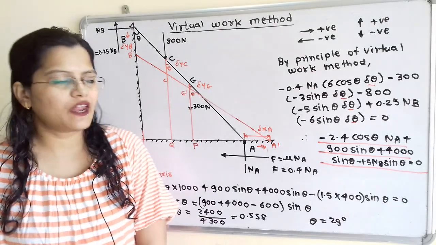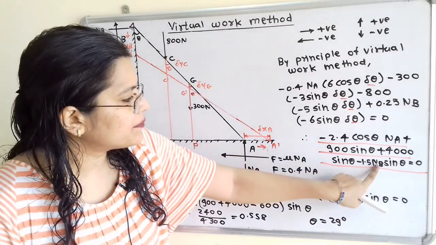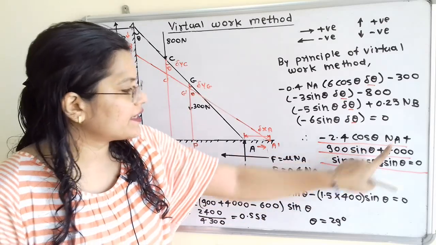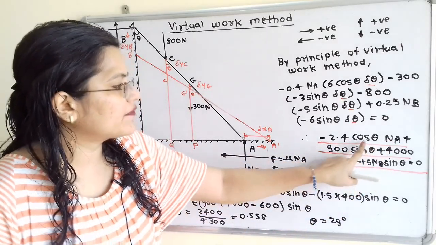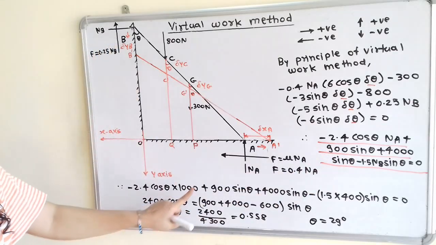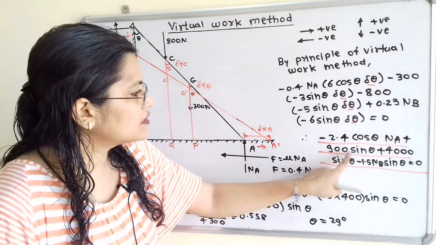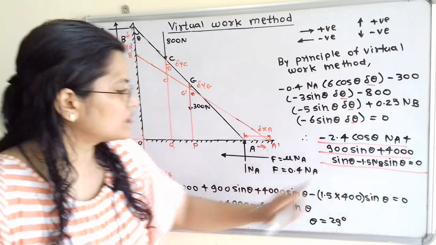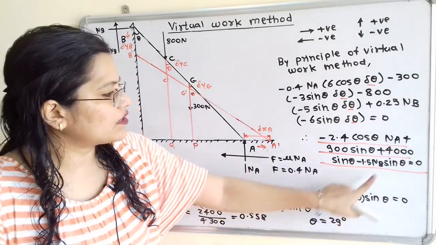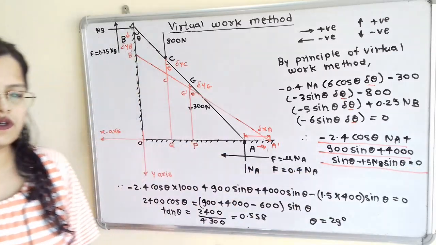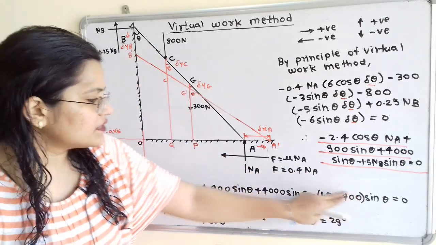We will put the values of Na and Nb in this equation. So here Na is 1000 minus 2.4 multiplied by 1000 into cos of theta plus 900 sin theta plus 4000 sin theta minus 1.5 into 400 sin of theta is equal to 0. Now we will simplify this.